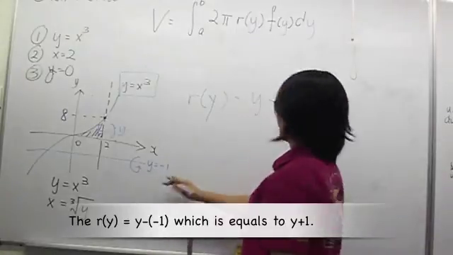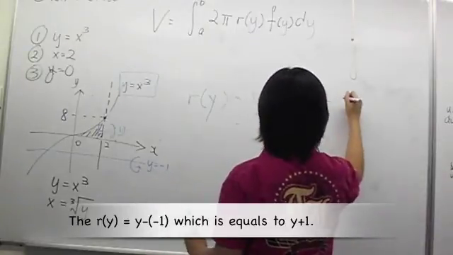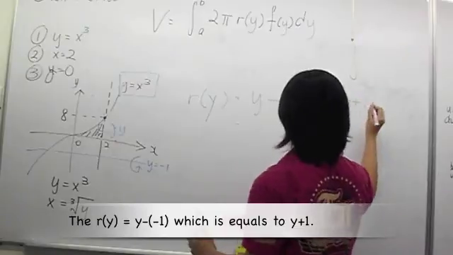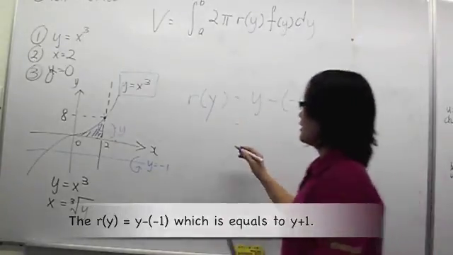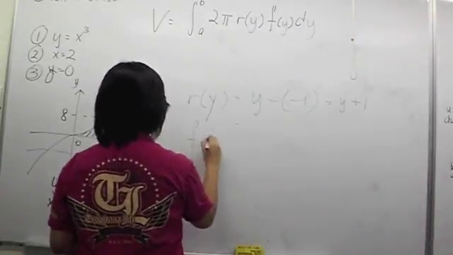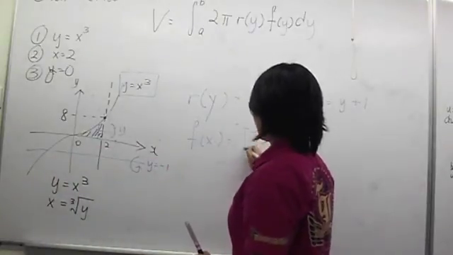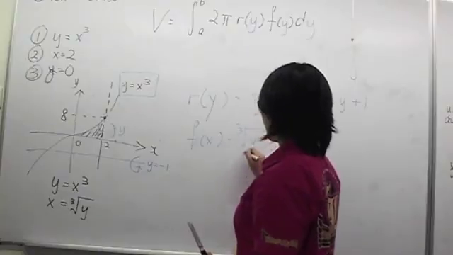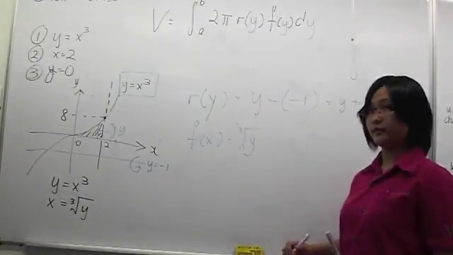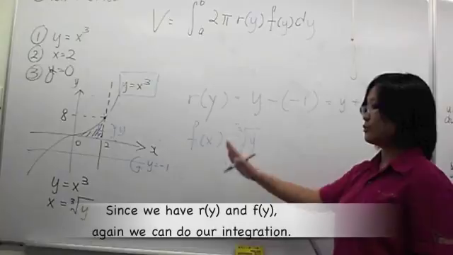The line is -1 here. You will get y plus 1 for your radius. And for the function, it is cube root y.